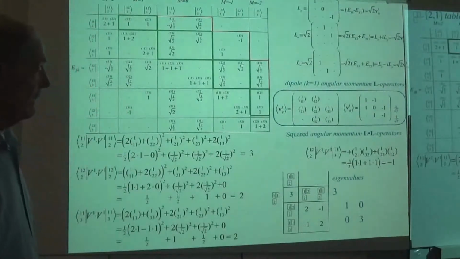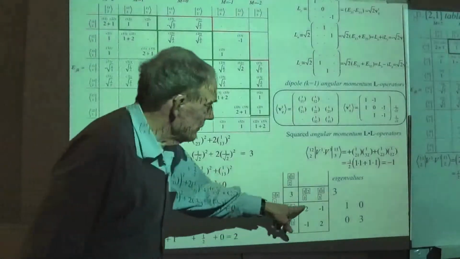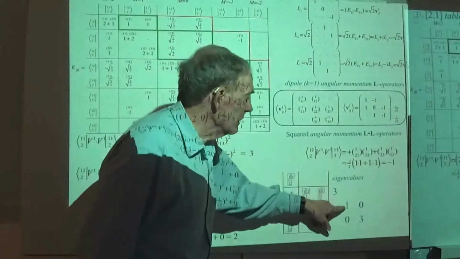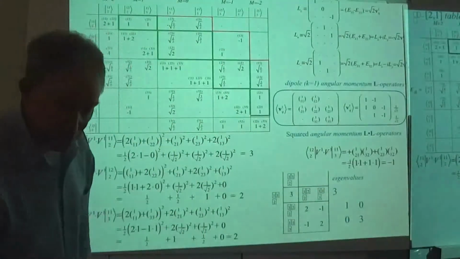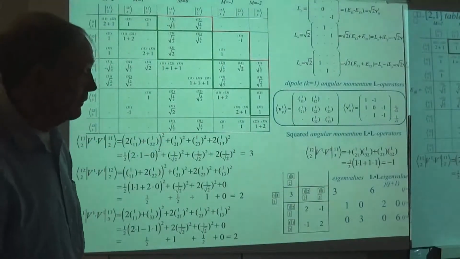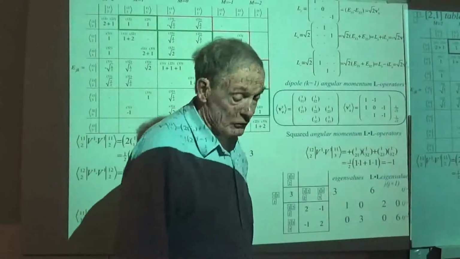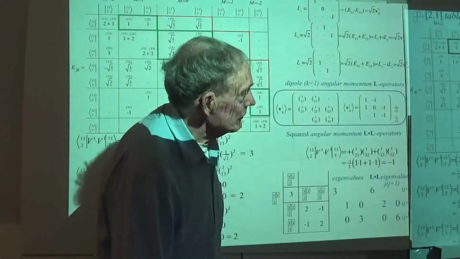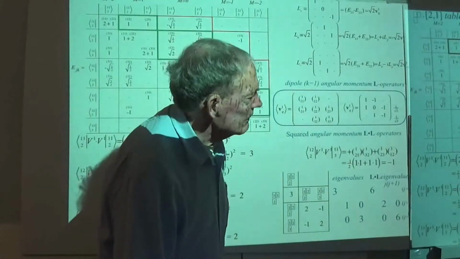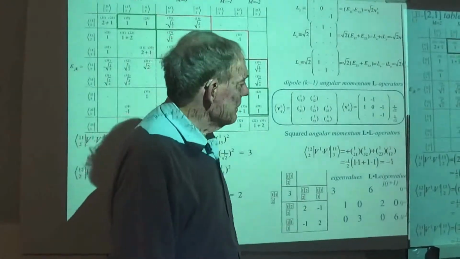And that gives eigenvalues, if you diagonalize this little guy here, of 3, 1, and 3. And that corresponds to having an angular momentum of J equal 2. Go ahead on this screen so that we can see that very far right hand side number there.